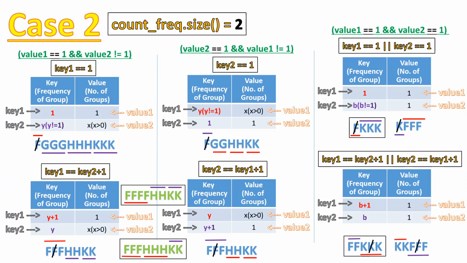That way we'll convert the higher frequency group into the smaller frequency group. So this is what goes in the bottom, and in the top we just exclude the single elements.